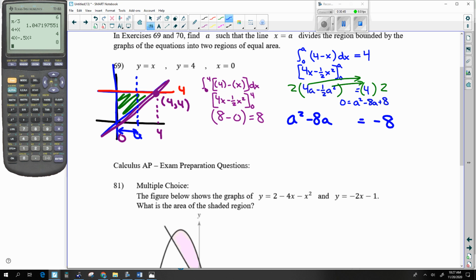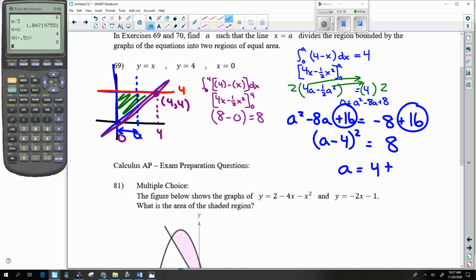Then I take half of that middle term, square it, and add that to both sides. Again, this is the completion of squares. So this is 8. Now I just solve. So a is equal to positive 4 plus or minus the square root of 8, which is 2 root 2.